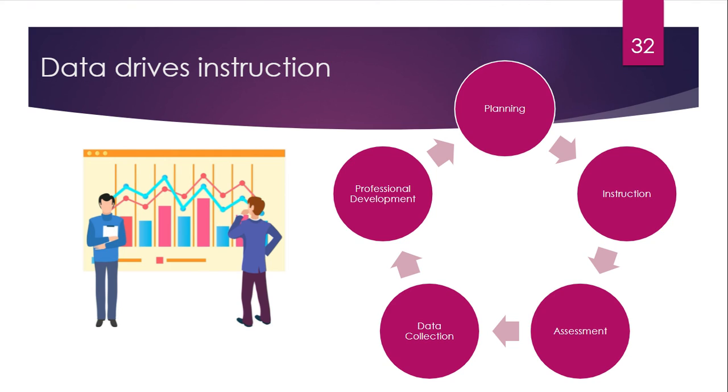Then we take those assessment scores and use that data to find out if the planning and instruction has in fact worked. If not, then we will go to a professional development to find out any other ways to improve upon planning or instruction or assessment. And then the cycle starts over again.